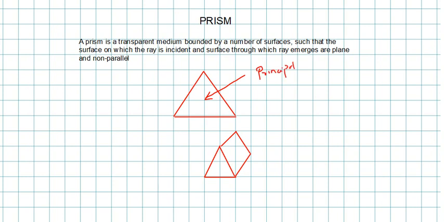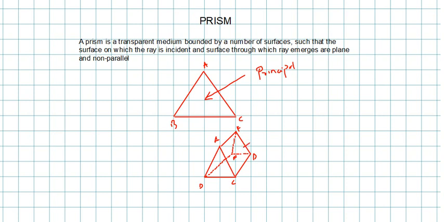Okay, so if I name this A, B, C, so here is A, B, C. This is D. This is E, and that hidden side is E, F. So A, B, C and D, E, F are called the principal sections of the prism, and other than that it has two refracting surfaces.